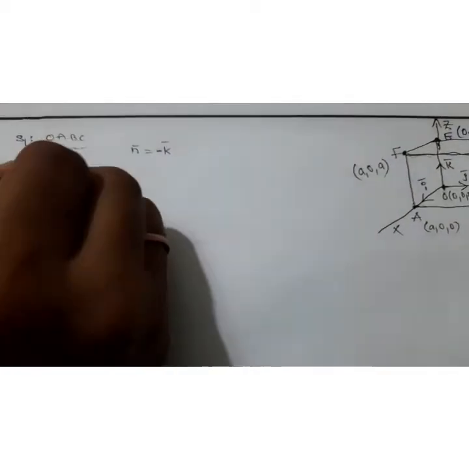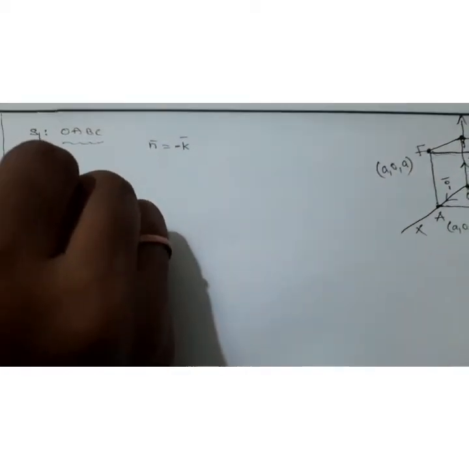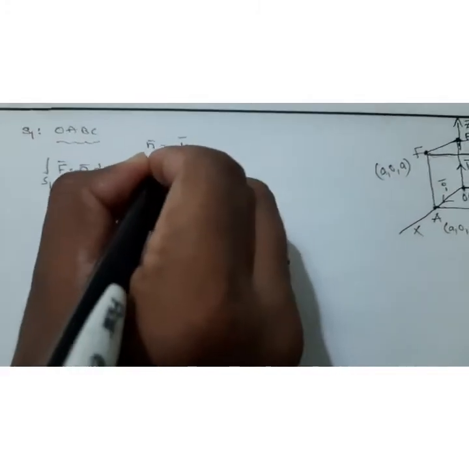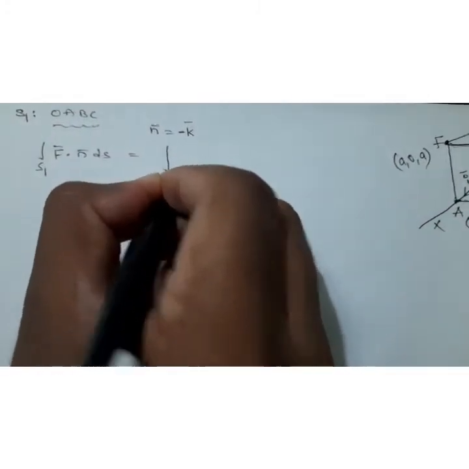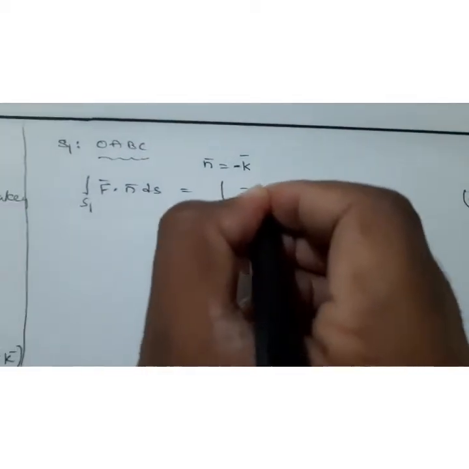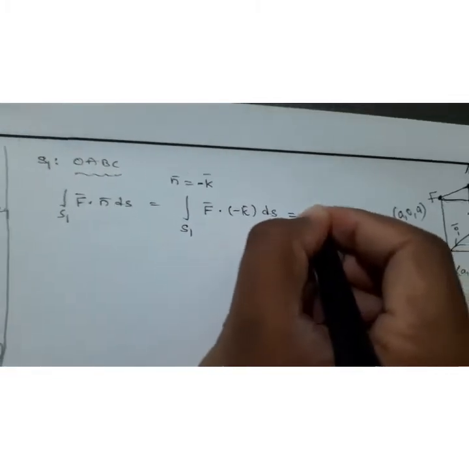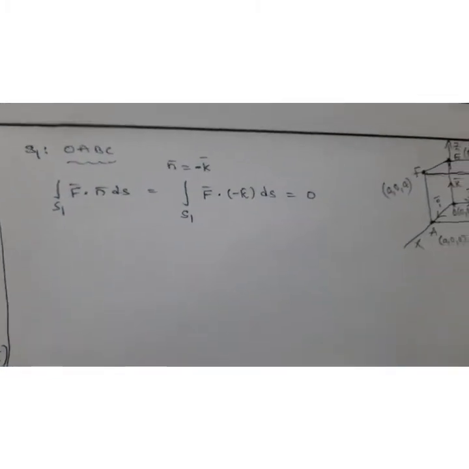So the integral over S1 of f bar dot n bar into ds is the integral over S1 of f bar dot minus k bar into ds. This value is 0; we don't have to simplify this.